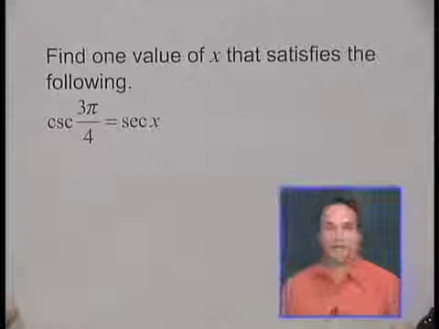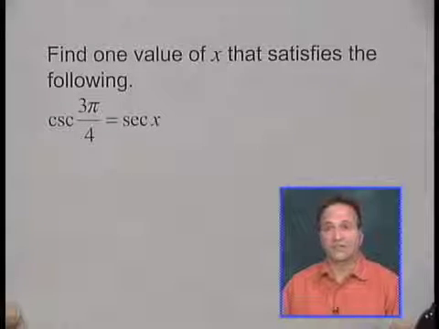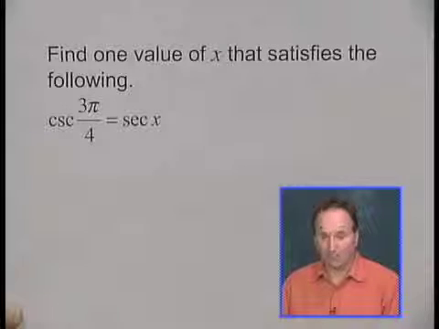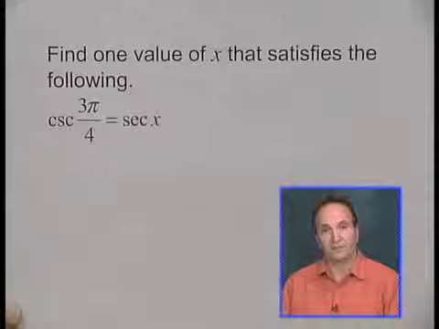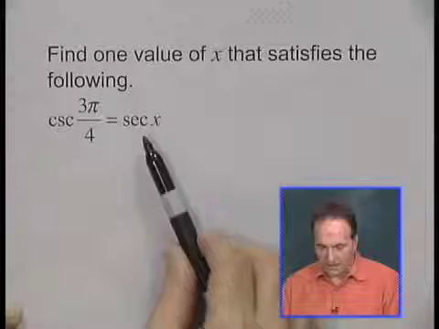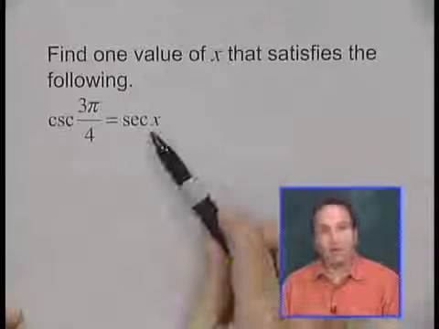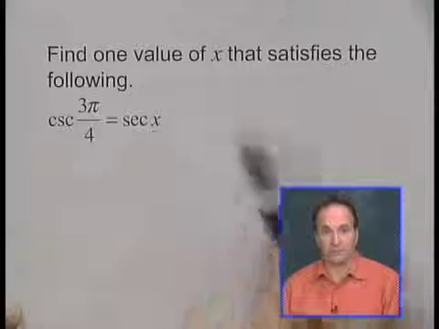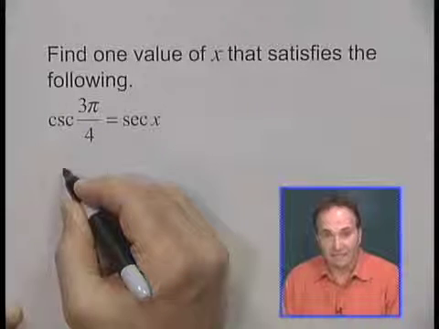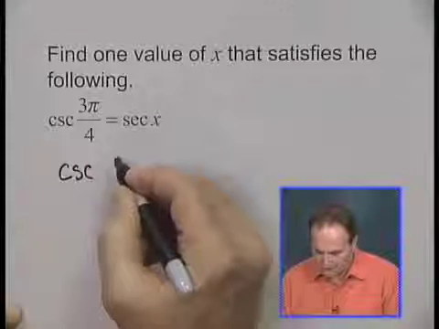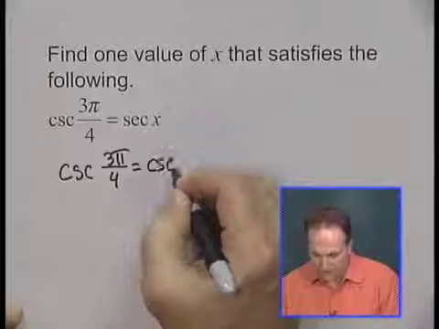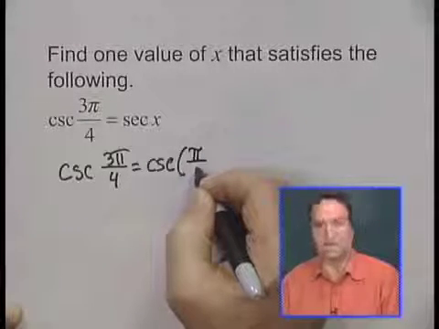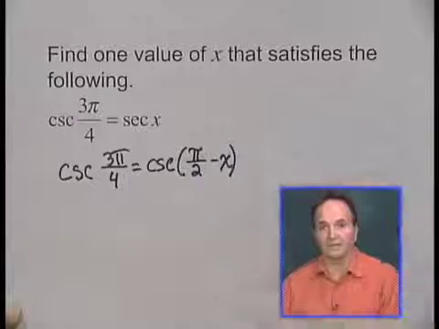Let's work another example. Find one value of x that satisfies the following. And we have cosecant of 3 pi divided by 4 is equal to the secant of x. Well, cosecant and secant are cofunctions, so we can rewrite the right-hand side in terms of cosecant, and so we would have, the left-hand side remains the same, cosecant of 3 pi divided by 4 is going to be equal to the cosecant of pi divided by 2 minus x.